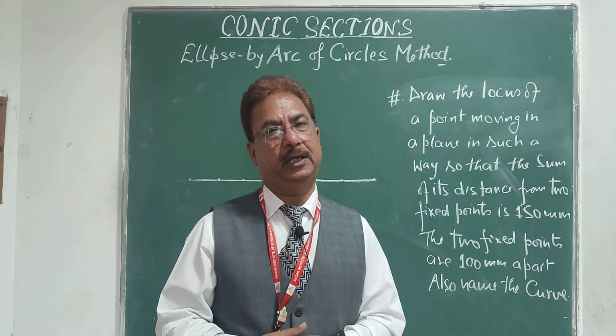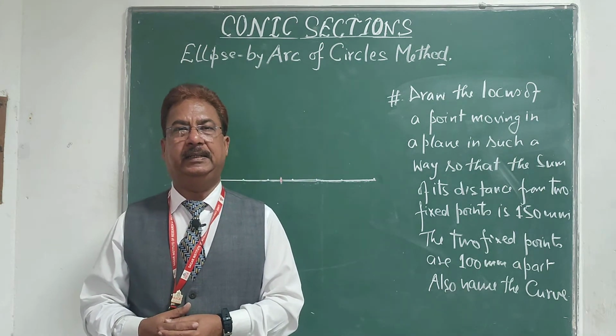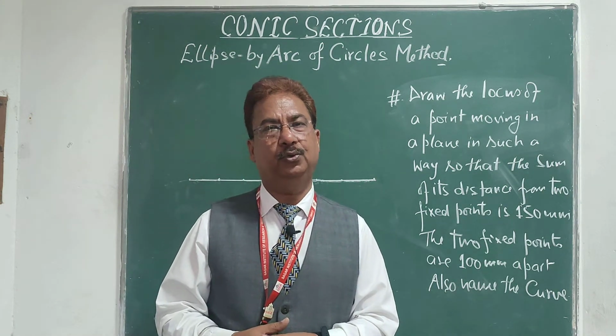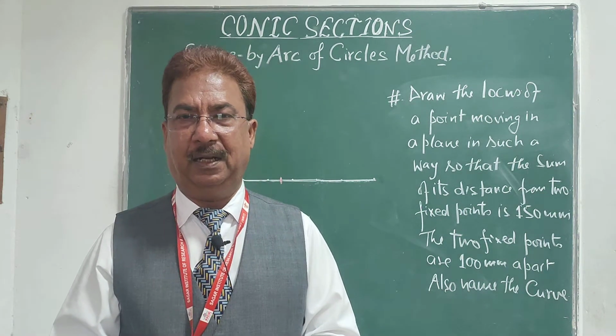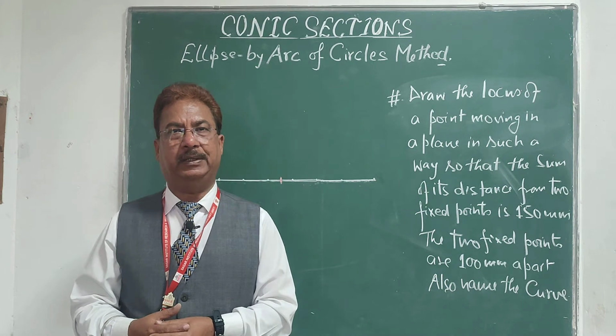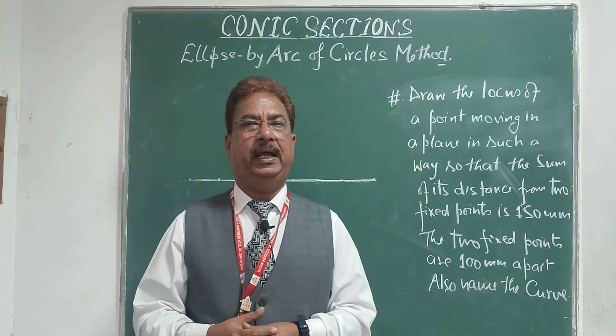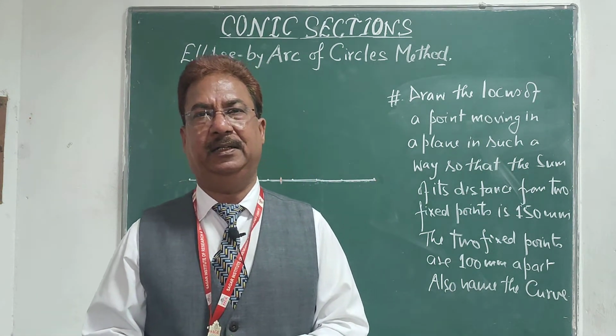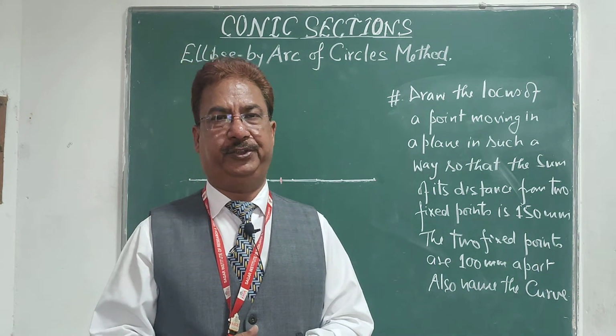Those two fixed points are known as the foci, and that fixed distance will be equal to the major axis. Earlier we discussed this in the introduction topic, and also justified that this is a perfect definition.